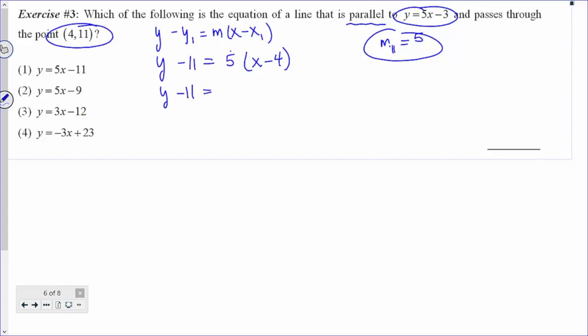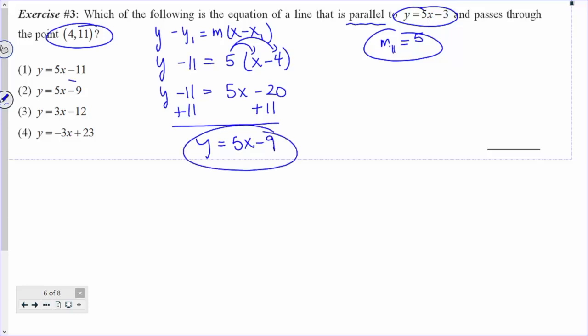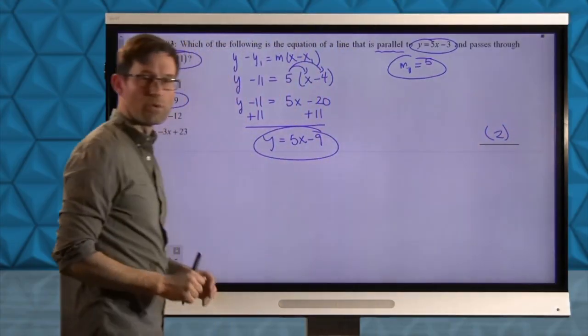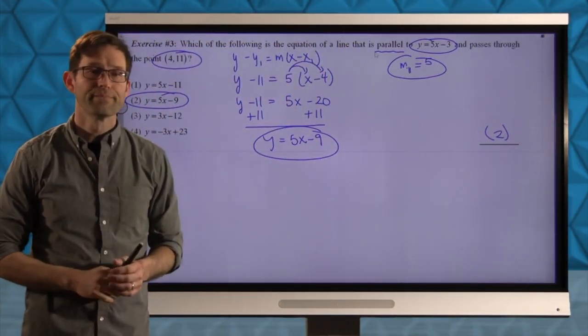Right? So now let me work on this a little bit. One thing I can do is use the distributive property to distribute that 5 through the parentheses, and I would get something like that, right? And then I can get rid of the negative 11 by adding 11 to both sides, and I'll get y equals 5x minus 9. And that is obviously choice 2. All right?